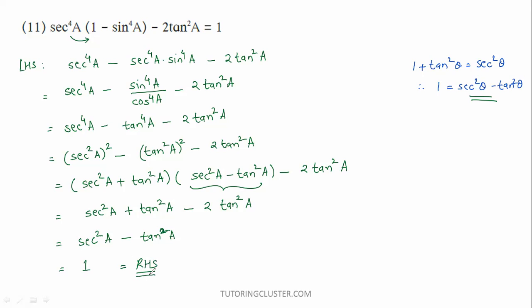Okay, so this is how you have to approach the given examples, whether it is asked to find different trigonometric ratios, or if you want to prove some trigonometric relations, things will be easy. So maximum times you have to start with LHS.